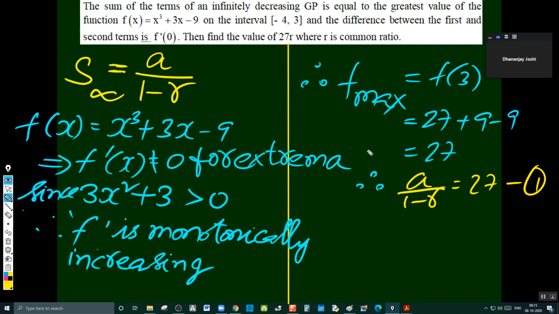Difference between first and second terms is f dash 0. Correct.